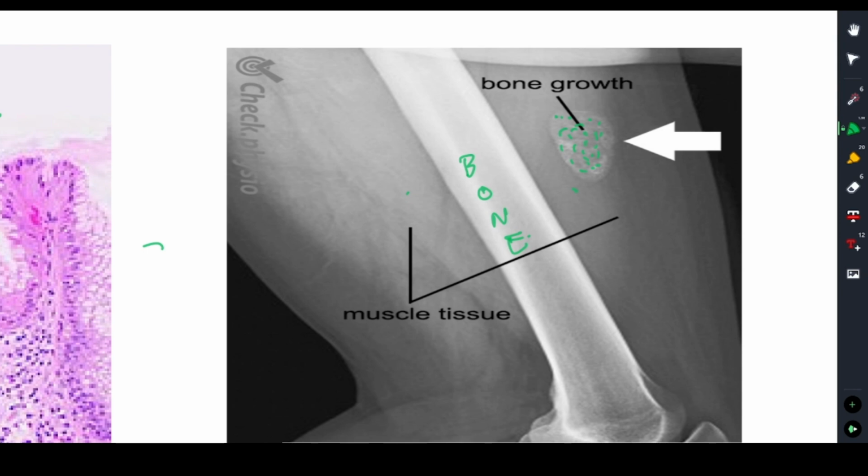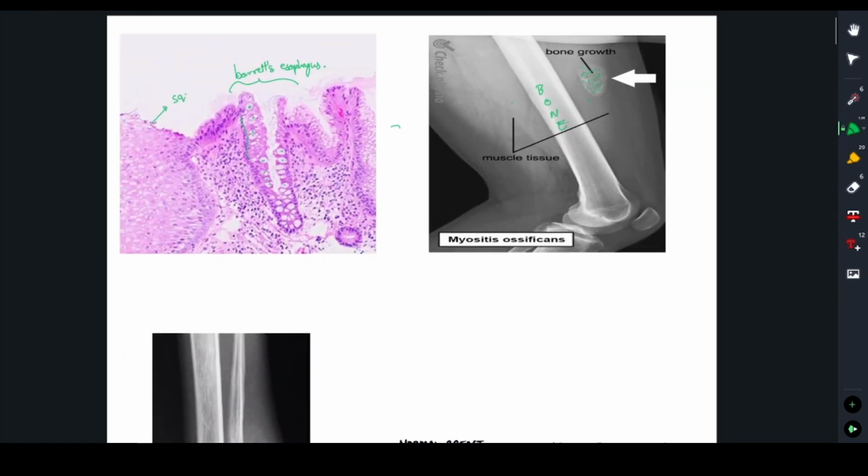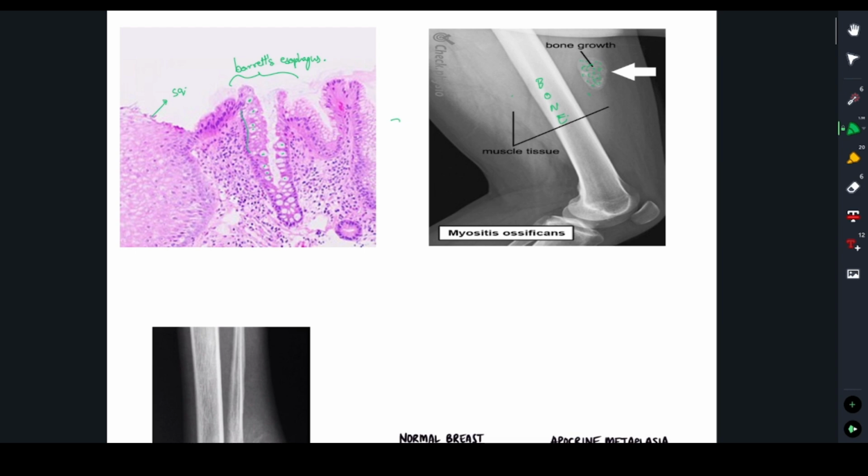And another important discussion we have here is to differentiate myositis ossificans from osteosarcoma, right? So what you can see here is that the bony growth is within the muscle, it isn't involving the bone. You can't see any lytic lesions on the bone, or any eaten off part on the surface of bone.